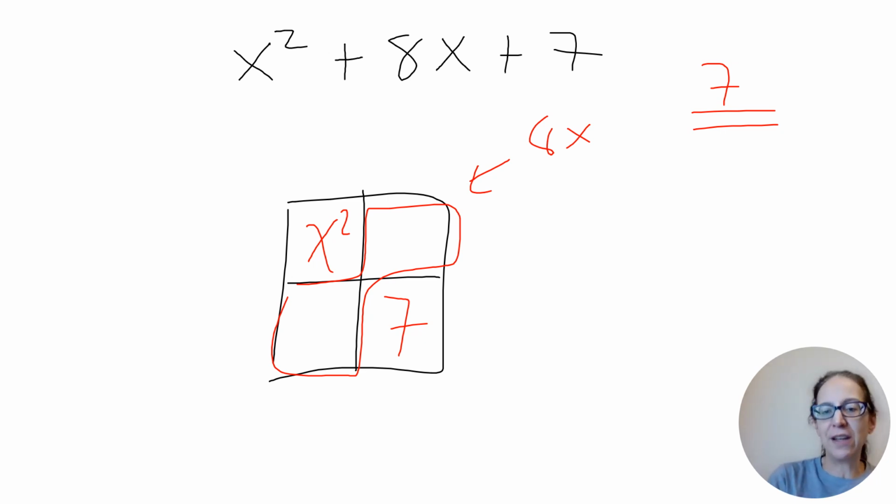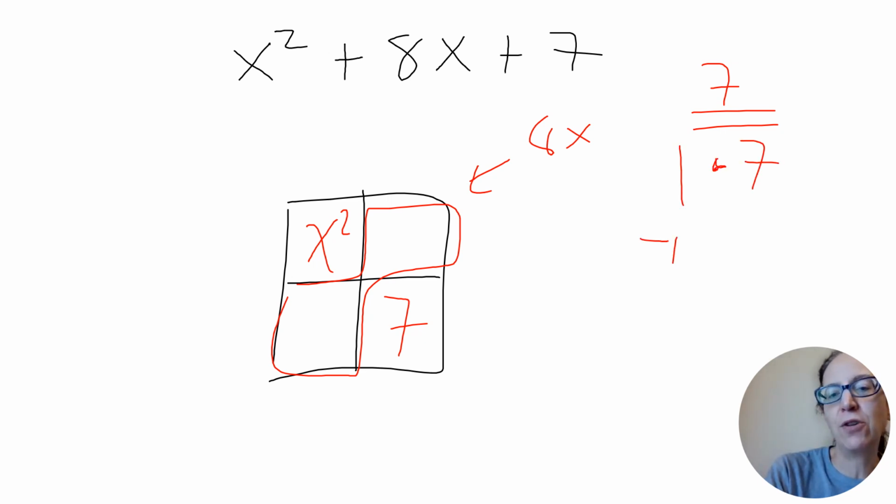However, if we're dealing in integers, there's just a finite number of things that can multiply to give us 7, and we like finite way better than infinite when it comes to evaluating possibilities. So to get a 7, we could do 1 times 7. Now you could also do -1 times -7.